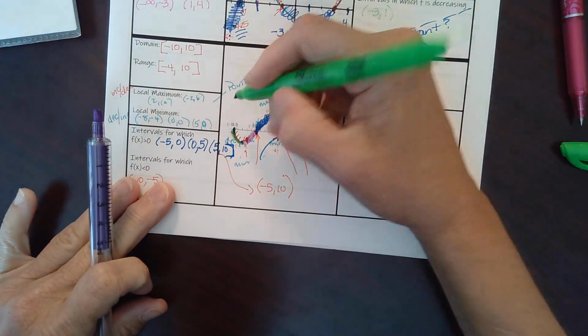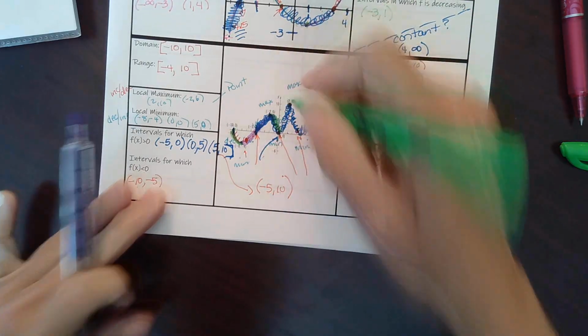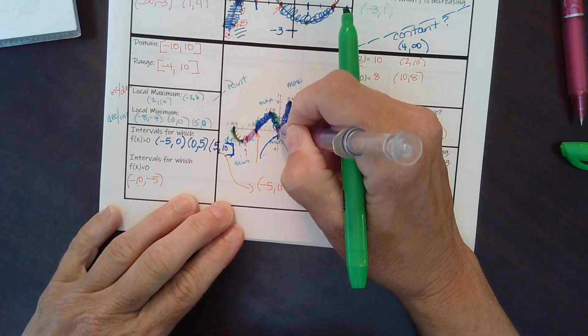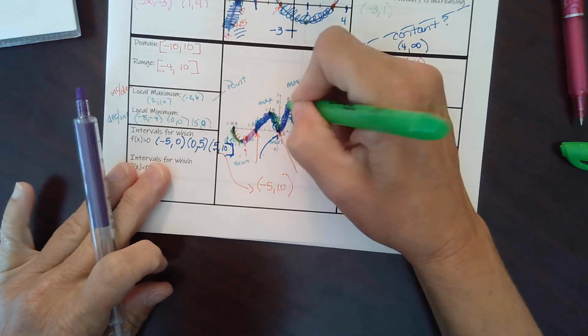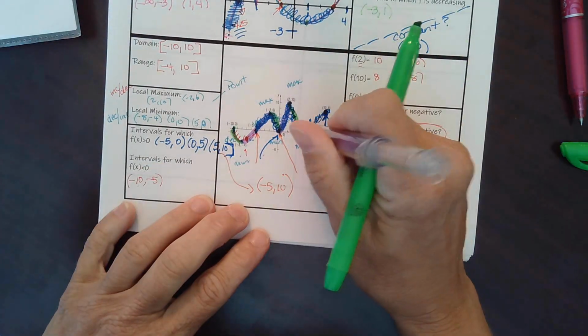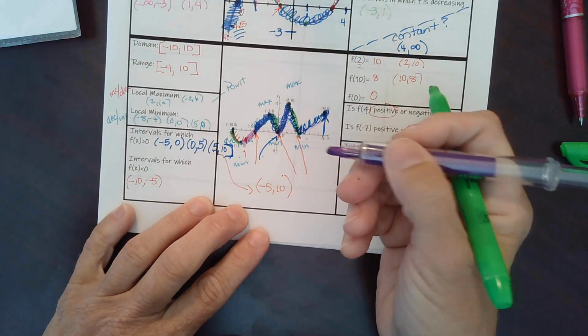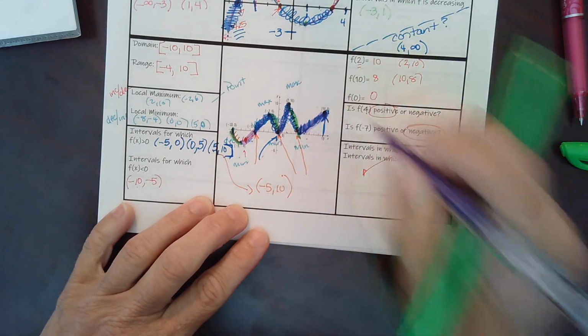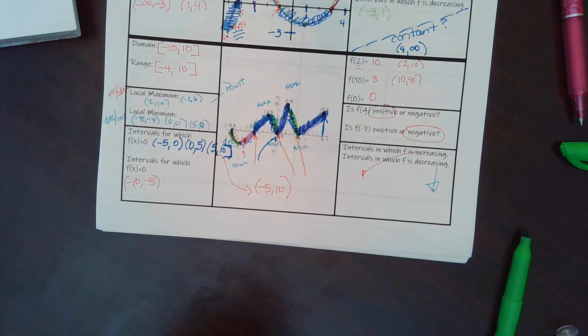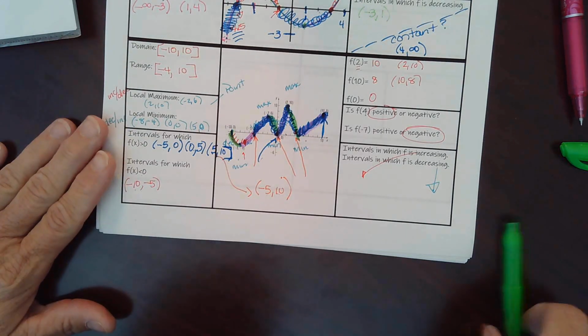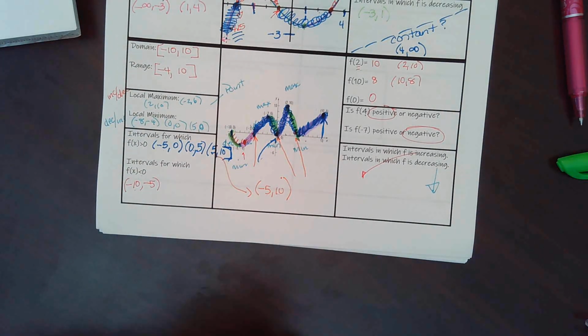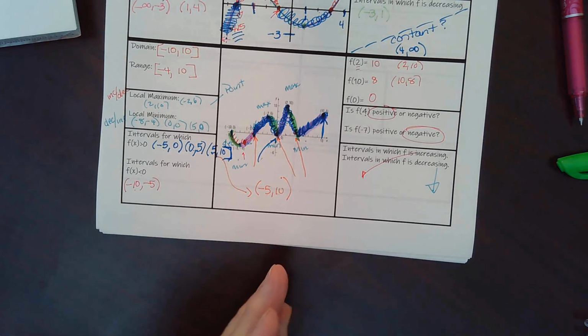The function is decreasing on this portion. It is increasing on this portion, decreasing on this portion, and increasing on this portion. All right, so let's identify the x values where those changes occur.